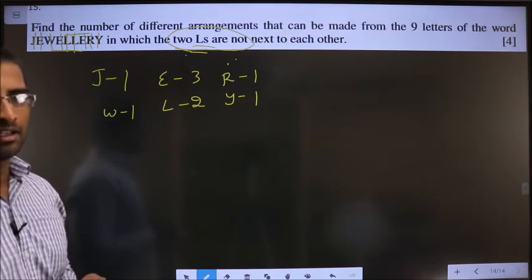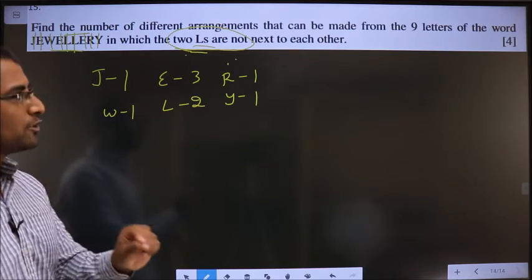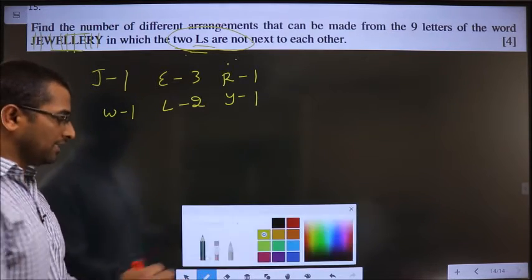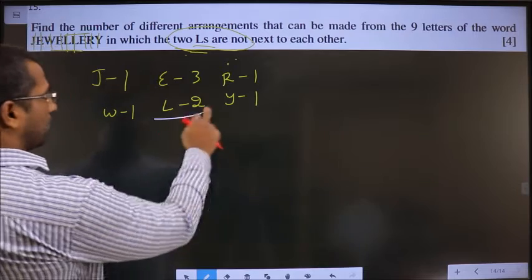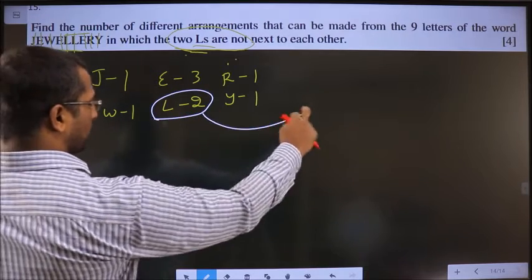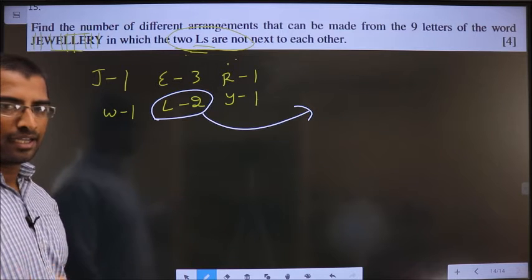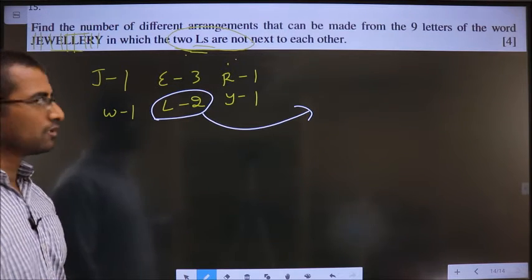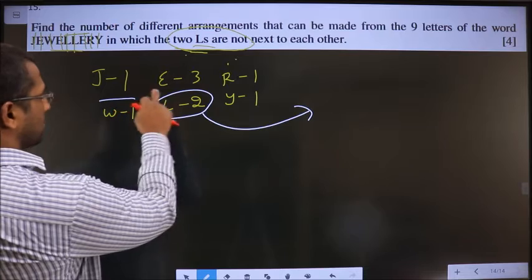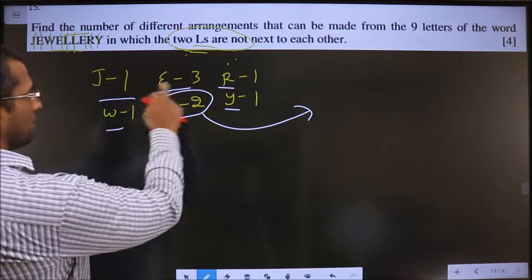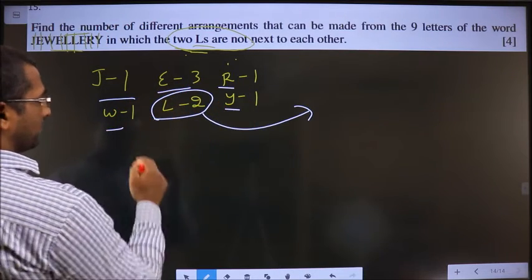Now my condition is the L's should not be next to each other. Whatever should not be next to each other, put them separate and arrange the remaining letters. What letters do you have remaining? This. So 1, 3, 4, 5, 6, 7.